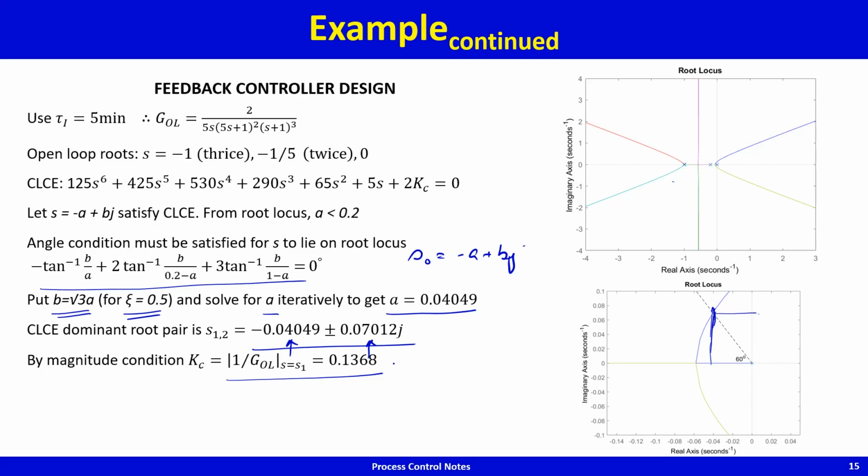In this way we have completed the design of the cascade control system as well as the simple feedback control system. And then what I did was obtain the dynamic response for the slave disturbance and a set point change.